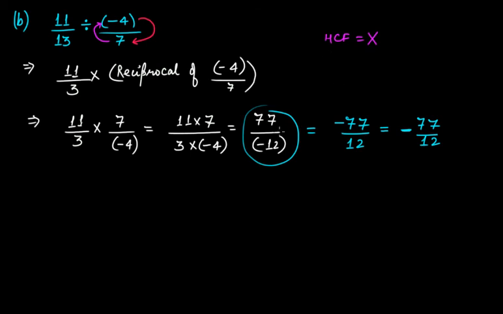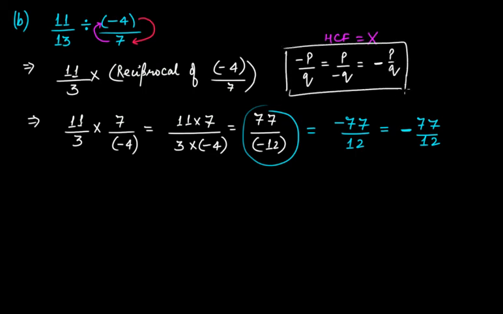But always remember one thing, that if your rational number is of the form p over minus q, then this is equal to minus p over q, and both these two can be written as this minus sign in the center, then p over q. Its proof is in our earlier videos. So these are another two ways to write this answer.